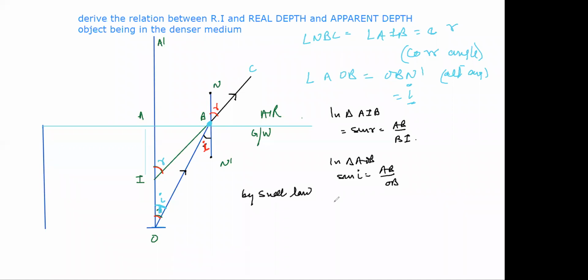By Snell's law, now एयर का रिफ्रैक्टिव इंडेक्स ग्लास के रिस्पेक्ट में, मान लीजिए ग्लास है, इक्वल टू sin I upon sin R. Or, well, what is A mu G? Sin I upon sin R, okay, that is sin I upon sin R.